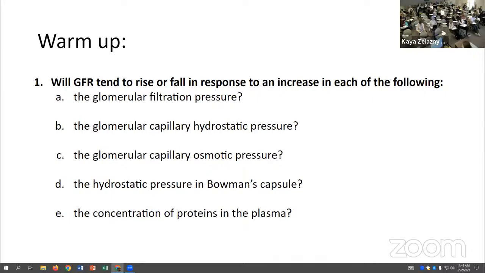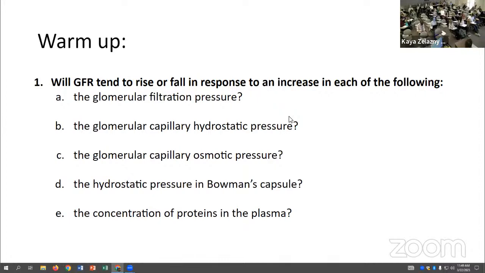Okay. So we're thinking about how we might affect this rate with the glomerular filtration pressure, actually, overall. The glomerular filtration pressure, the glomerular capillary hydrostatic pressure, the glomerular capillary osmotic pressure, the hydrostatic pressure in Bowman's capsule, the concentration of proteins in the plasma.